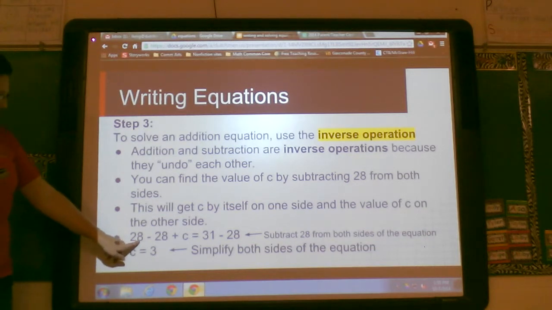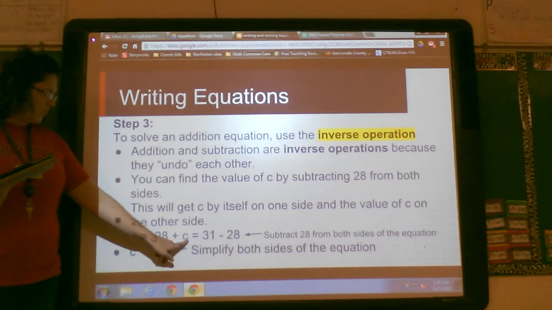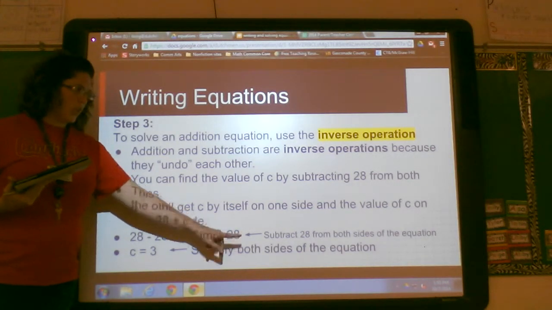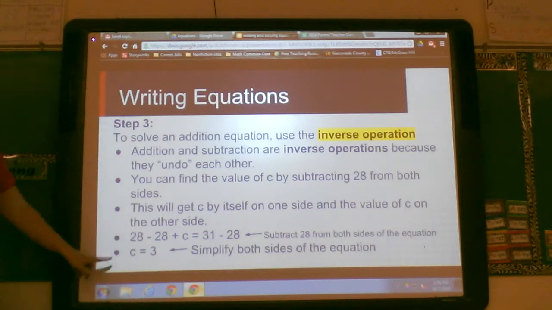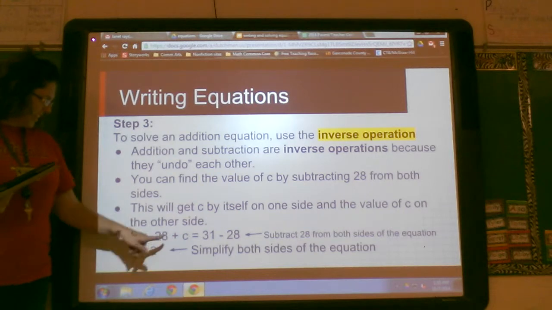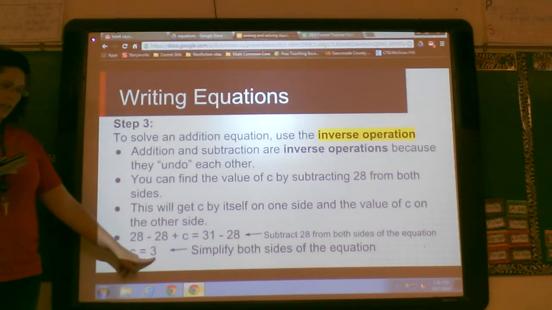So we have 28 plus C, and I'm subtracting 28 from it, and on this side we have 31 and I'm subtracting 28 from here. When I simplify that, 28 minus 28 gives me 0, so I'm left with C, and 31 minus 28 gives me 3.